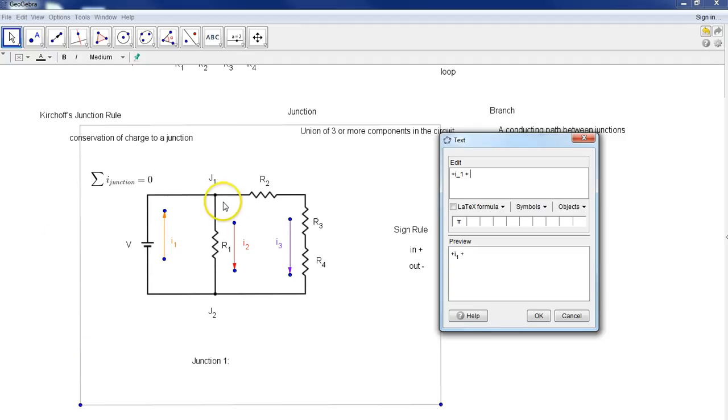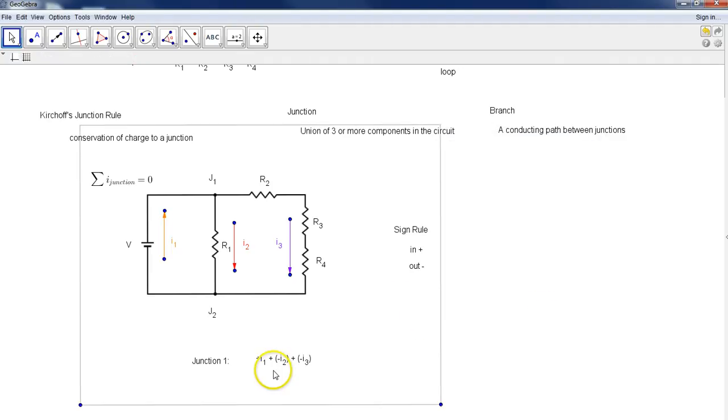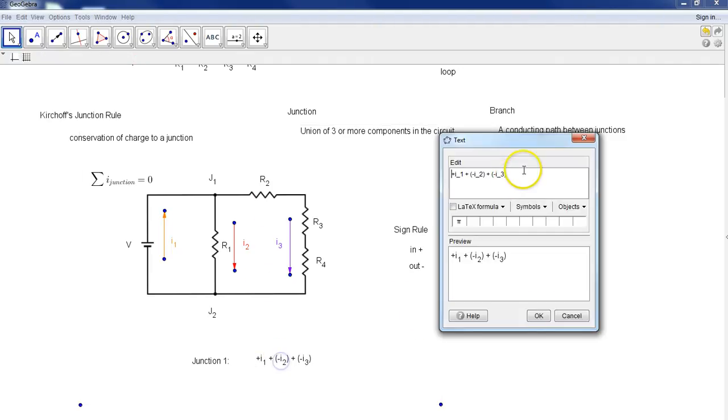Then I have I2 flowing out and I3 flowing out. So I have plus a negative I2, and then plus a negative I3. And those have to add up to 0.